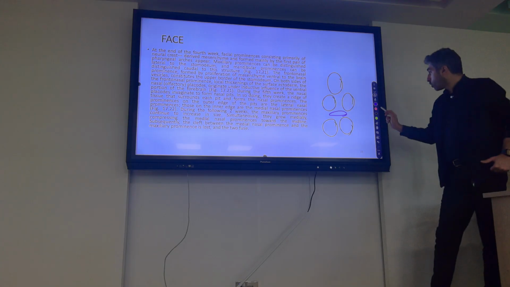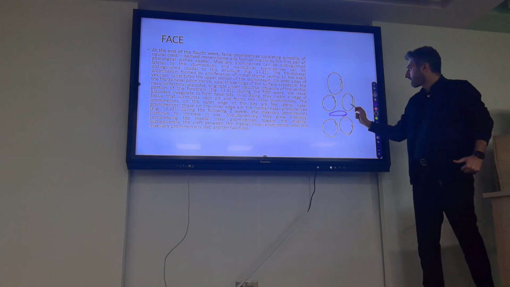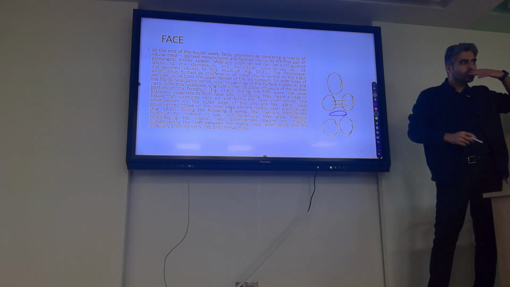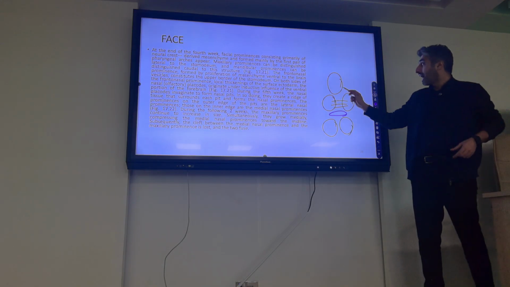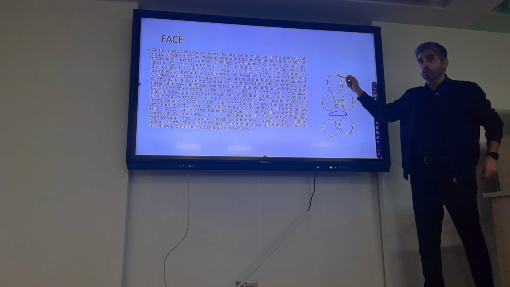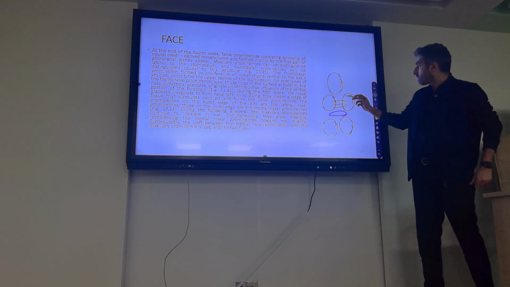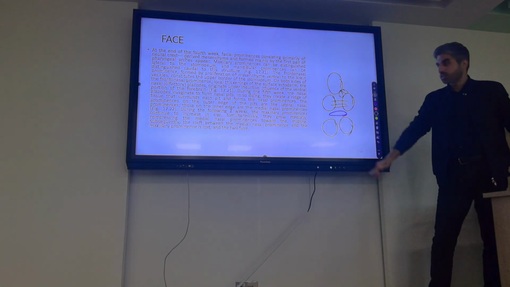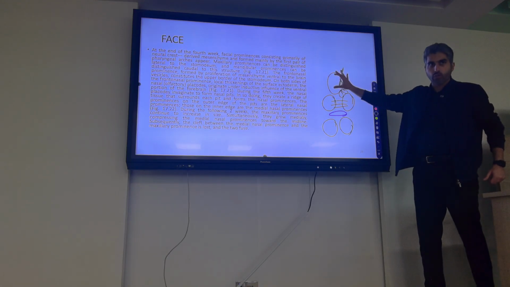The 2 maxillary prominence attach together to make the maxilla and upper lip. And by this condition, the frontonasal prominence has two nasal parts, lateral nasal and medial nasal. This one was the frontonasal prominence.